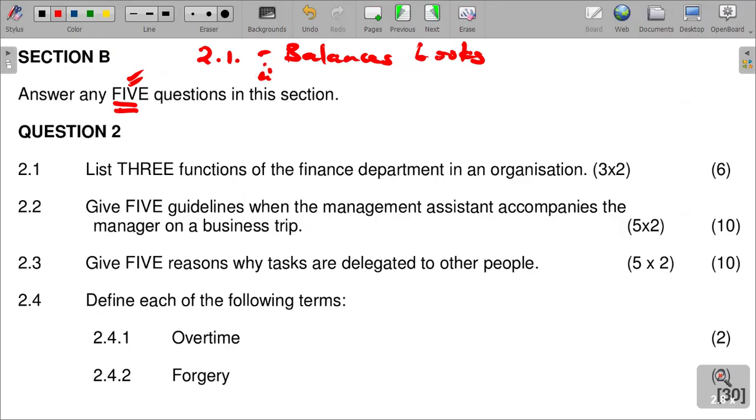It also controls the company finances. They are there to control organizational finance.